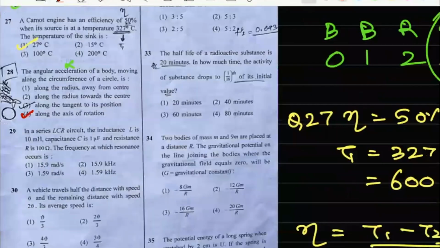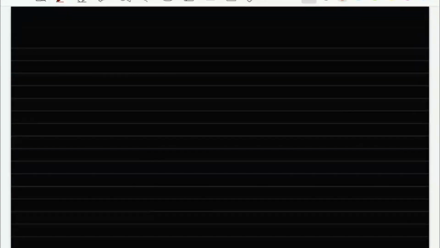Okay. In a series LCR circuit, the inductance L is 10 millihenry, capacitance C is 1 microfarad, and resistance. So frequency at which resonance occurs. So they want the resonant frequency. Again, very simple question. Let's do it on the next page. Right.